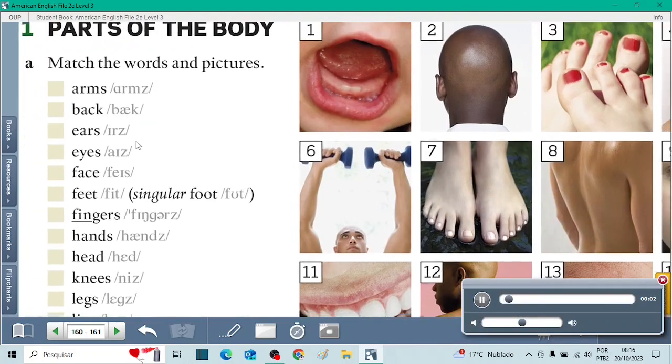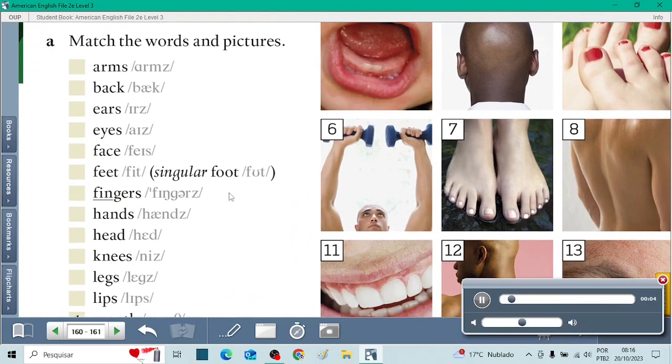3.39. The body. Parts of the body. 6. Arms, 8. Back. 16. Ears, 13. Eyes. 9.